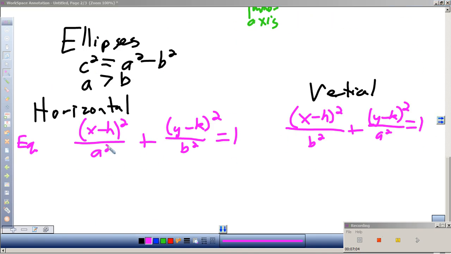So since A is bigger, if the bigger number is under x, it's horizontal; bigger number under y, it is vertical. If the number is bigger under the x, then it's a horizontal one. If A squared is bigger than B squared under the y, it's vertical.